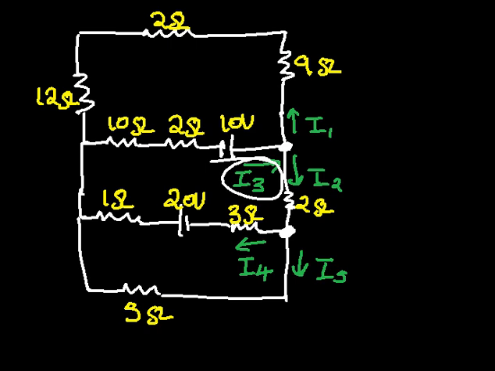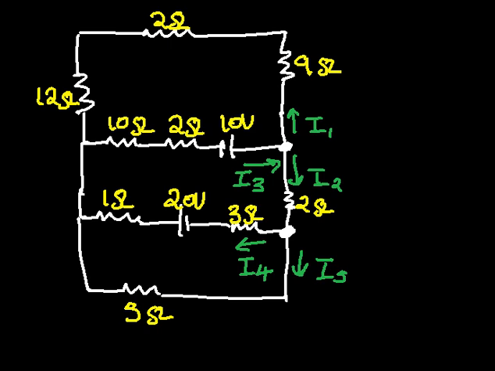I3 is flowing in the middle branch, which means at each and every point, that is the current flow. That is the series part of the circuit. Likewise, I2 is the current flowing towards this junction, and I2 is the current flowing across the 2 ohm resistor here.